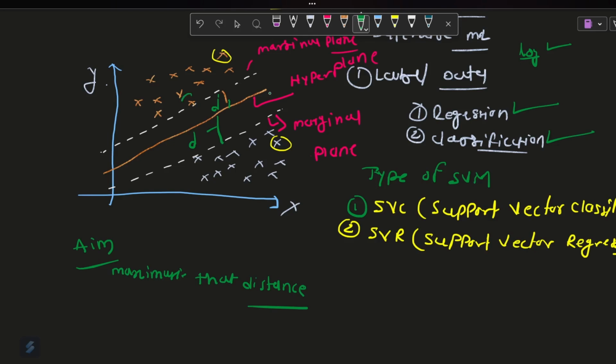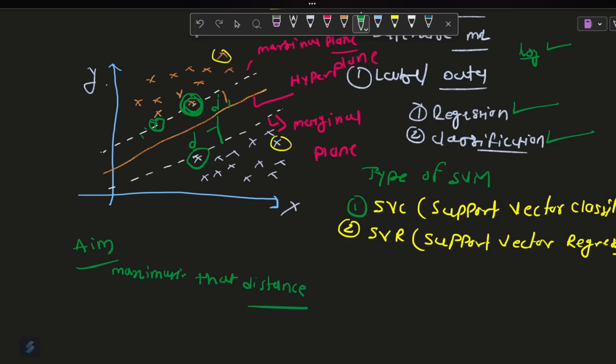What is a support vector? The points that lie on both sides, attached to the marginal planes, are called support vectors.